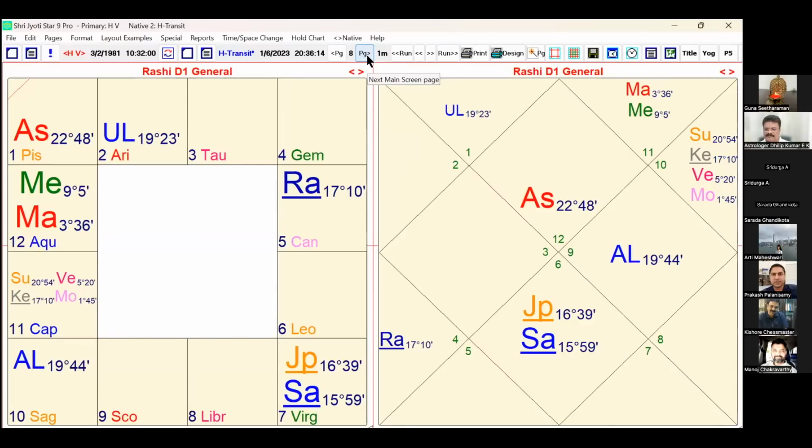So let's, I think Kishore will lead. But before that, I just want to say, we always start off with both the formats. Some of the people are so used to the North Indian format also. But I always maintain that the South Indian format is so easy. In case you have not learned it, you can make an attempt, and soon you'll be able to relate so well to the South Indian chart.